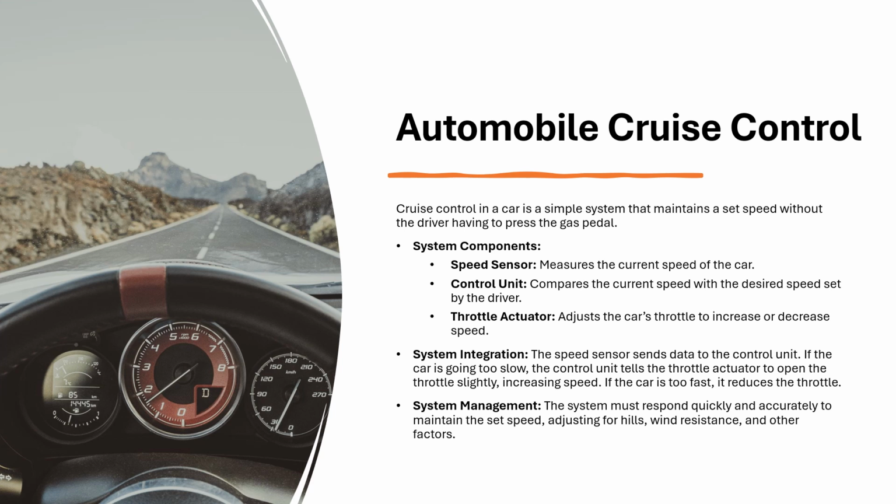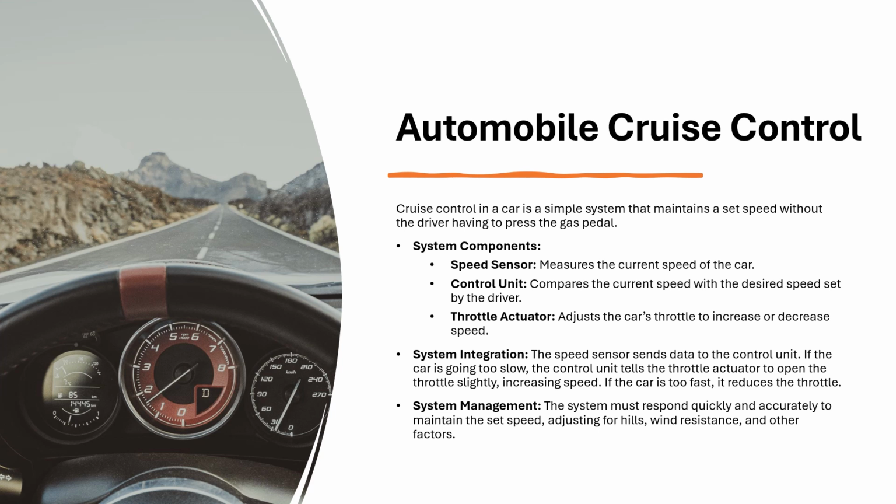The system components in this case will be a speed sensor, a control unit, and a throttle actuator. The speed sensor measures the current speed of the car, that is, at what speed the car is running. The control unit compares the current speed with the desired speed set by the driver.